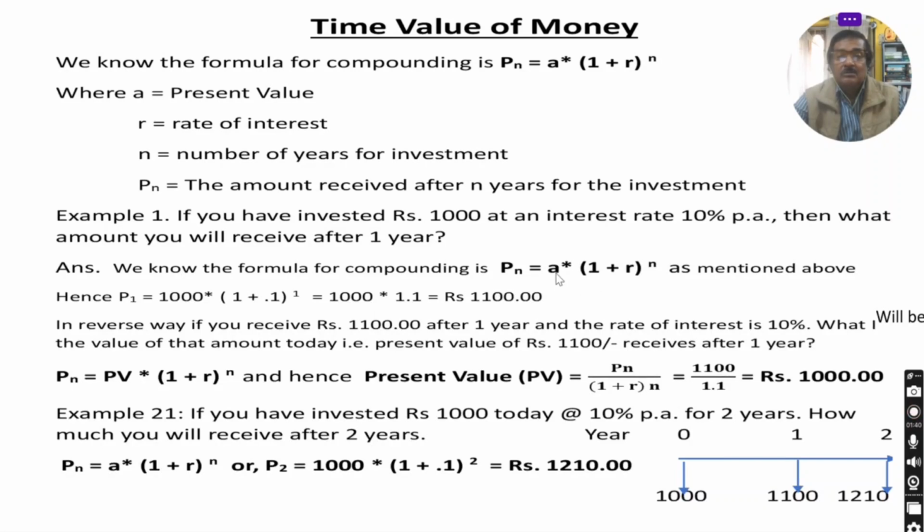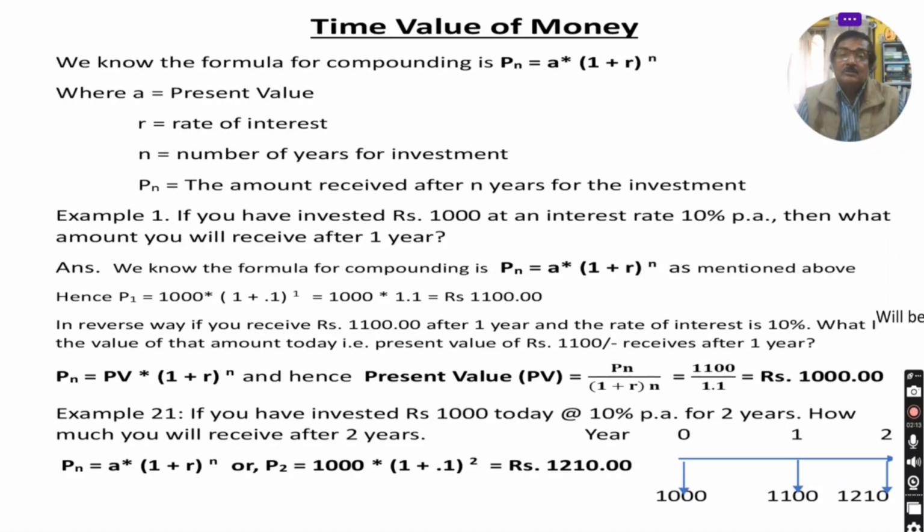The present amount you are investing is 1000. Rate of interest is 10%, means 0.1. N is 1 in this case, because it is after 1 year. Hence the value you will receive after 1 year, that is P1, is equal to present value 1000 into (1 plus 0.1) to the power 1. And the value will be rupees 1100.